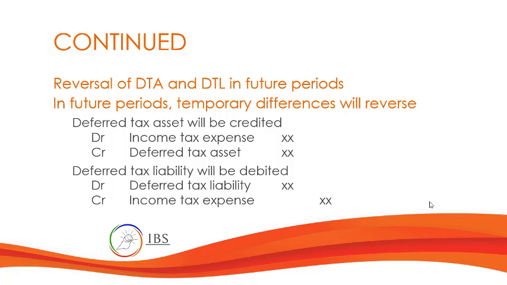Now when you try to reverse the DTA and DTL, of course you just have to reverse the entry. So for reversing deferred tax asset, you have to debit income tax expense and then credit deferred tax asset. While deferred tax liability, when you reverse it, that will be debit deferred tax liability and credit the income tax expense.